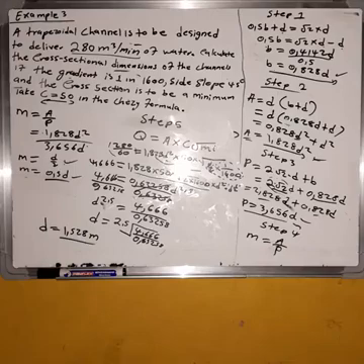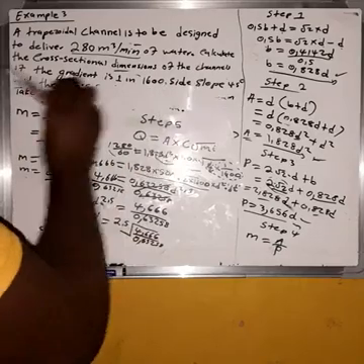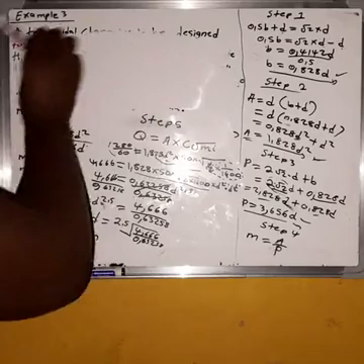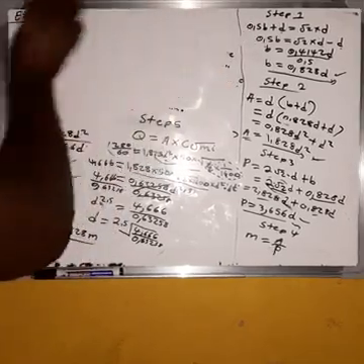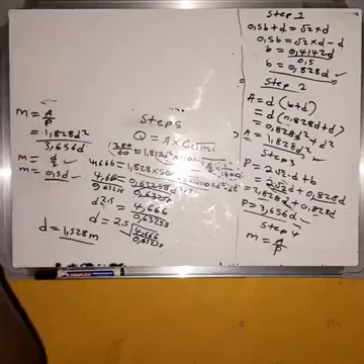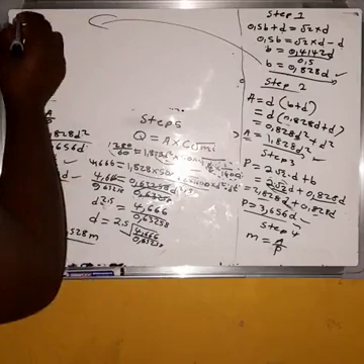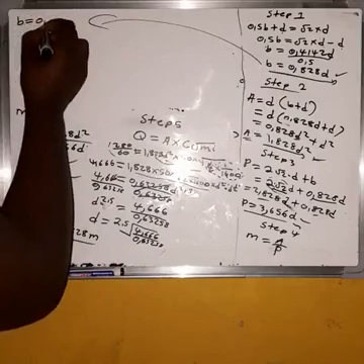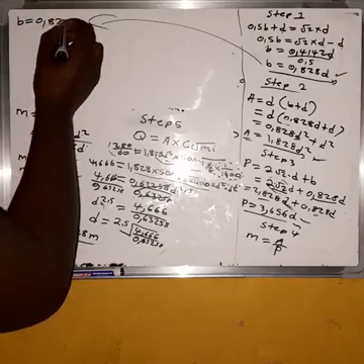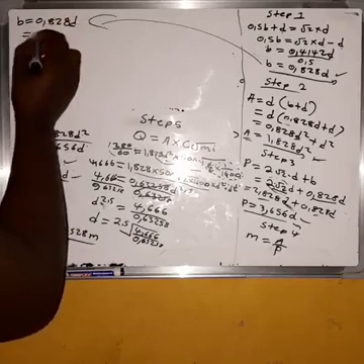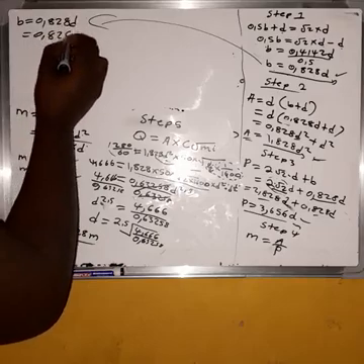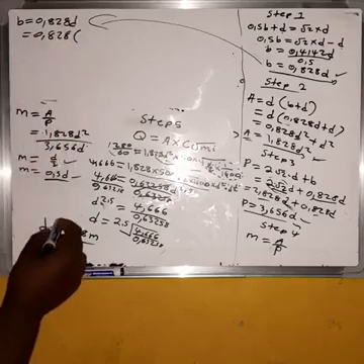Just the depth. What about B? B, we come to that formula here. Where is B? Here is B. This formula here is what? B is equal to 0.2828 D. We have D here.